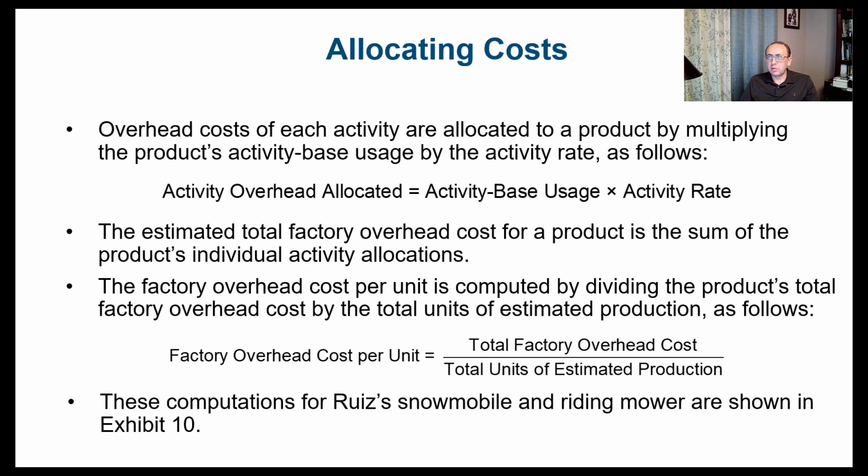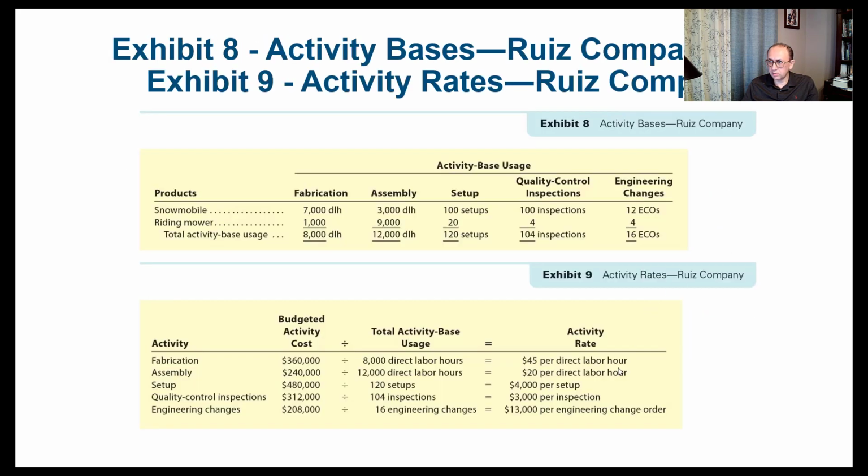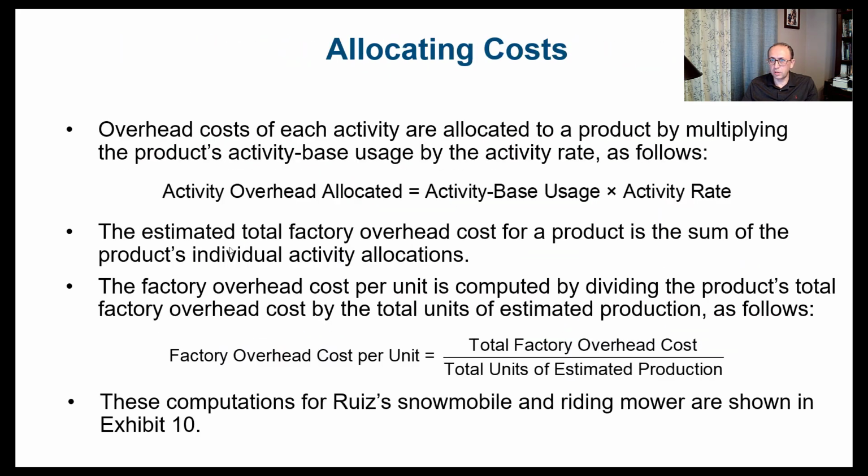So now let's see the allocation of the cost, or cost allocation. Overhead costs of each activity are allocated to product by multiplying the product's activity-based usage by the activity rate that we already calculated in the previous slides. So these are the rates. We're going to see the usage per product.